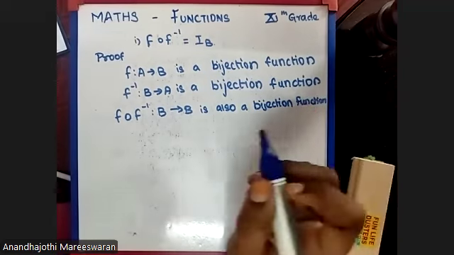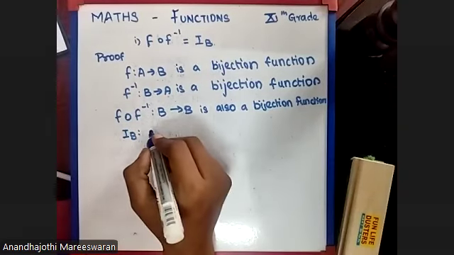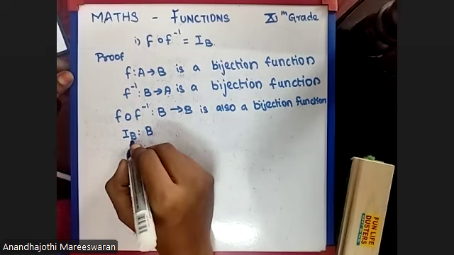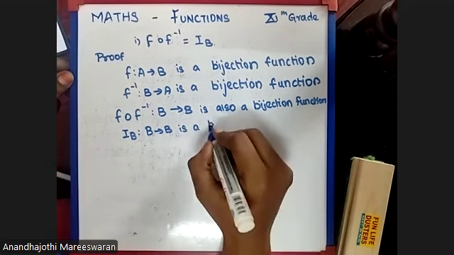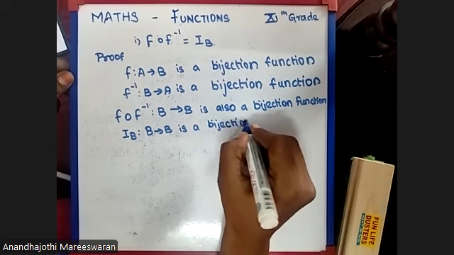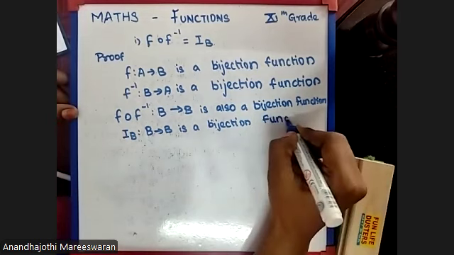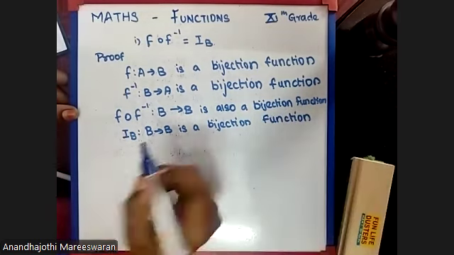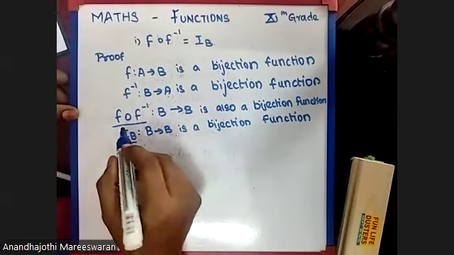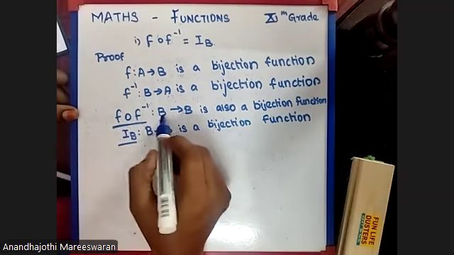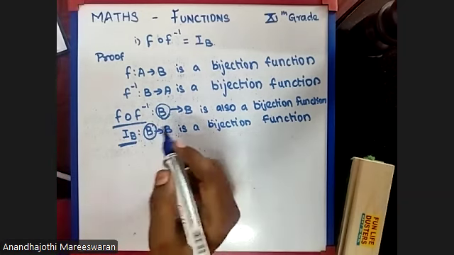What about I_B? I_B is an identity function, so its domain and codomain both will be B. So B maps to B as a bijection function. What are we going to check? We are going to check whether the domains of both are the same or not. Who is the domain of f circle f inverse? B. Who is the domain of I_B? B. So both are the same.